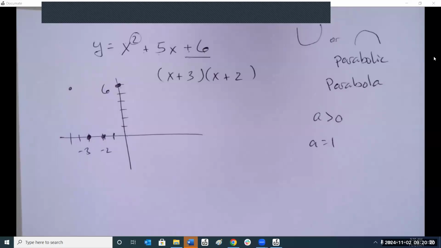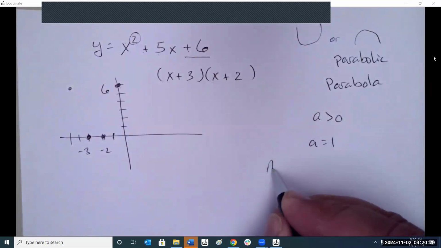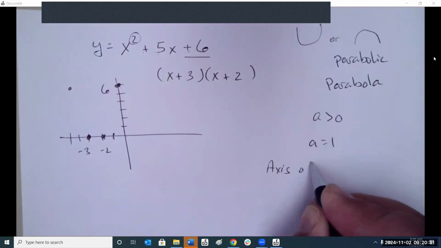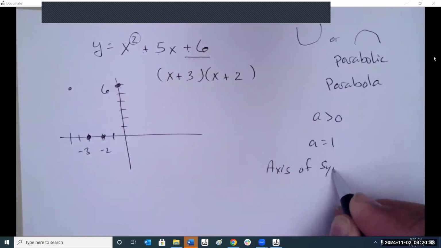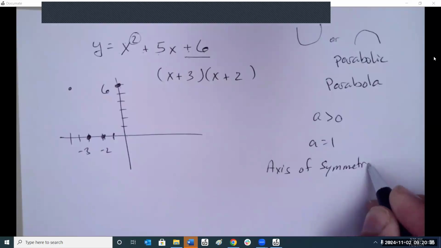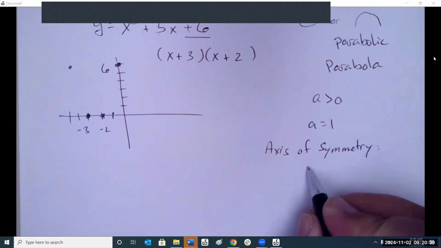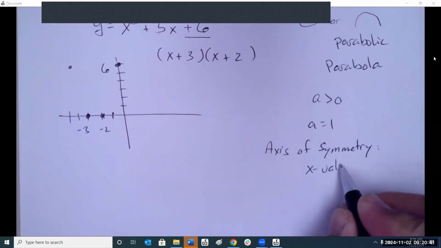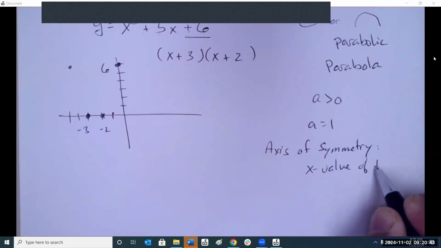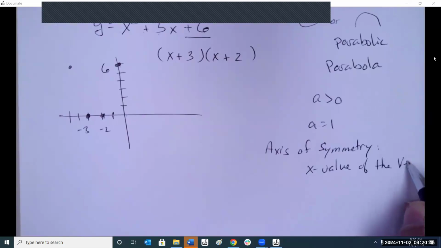What's the axis of symmetry? Did you hear that word? Axis of symmetry. The axis of symmetry is the x value of the vertex.